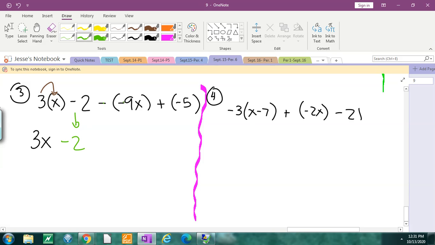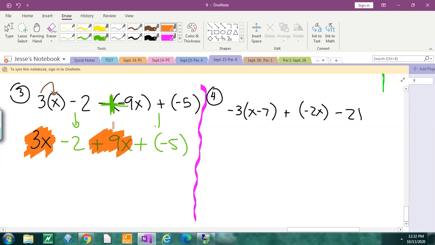Now here, minus a minus 9x. Oh, that's a plus. Minus a minus 9x, so that's plus 9x. Plus negative 5, just bring it down. So now what do I do? Combine like terms, okay? The 3x plus the 9x.